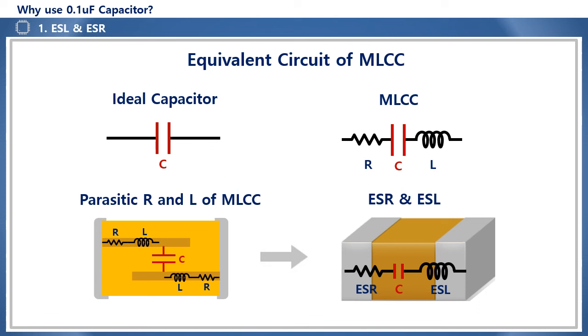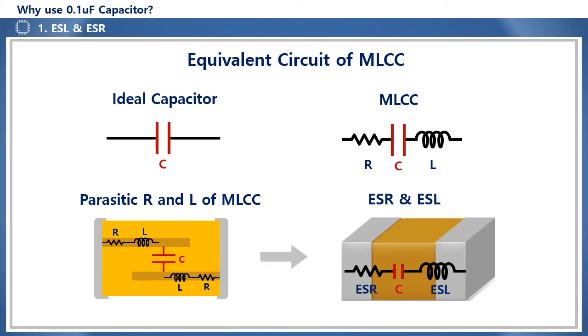So the resistance converted into the parasitic resistance of all layers is called equivalent series resistance, ESR. And the inductance converted into the parasitic inductance of all layers is called equivalent series inductance, ESL. In other words, in addition to the original capacitance, an MLCC has unintended ESR and ESL.